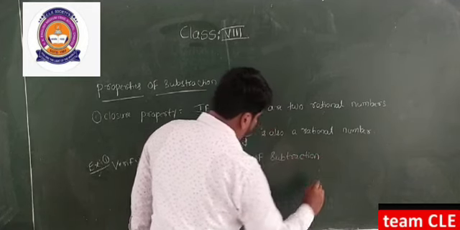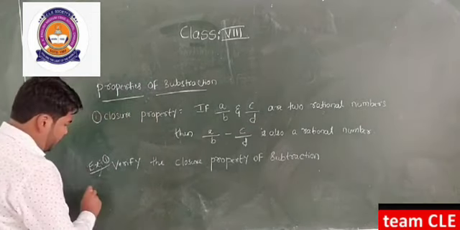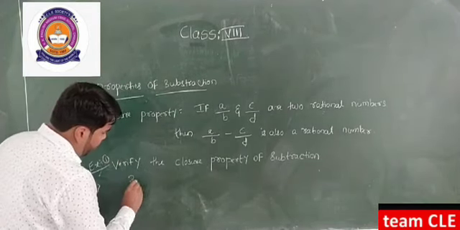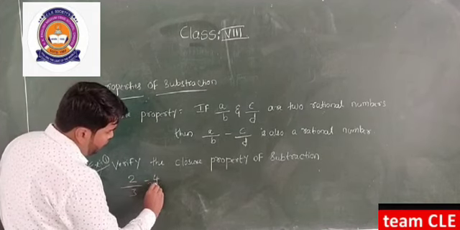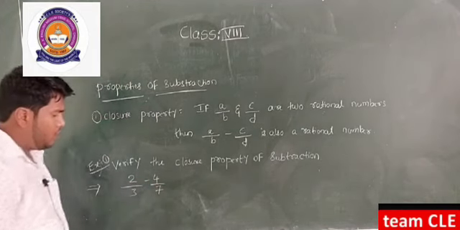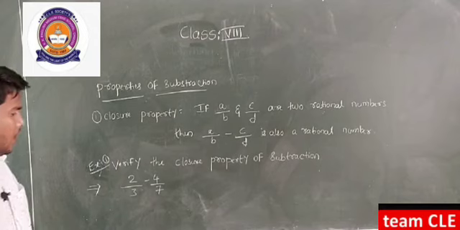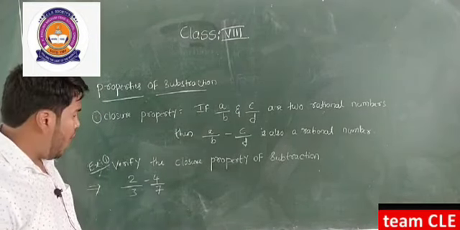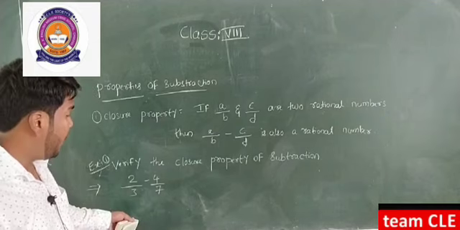For example, we have 2 by 3 minus 4 by 7. These are the two rational numbers, a by b is 2 by 3 minus 4 by 7. After solving, am I getting a rational number? We need to verify.